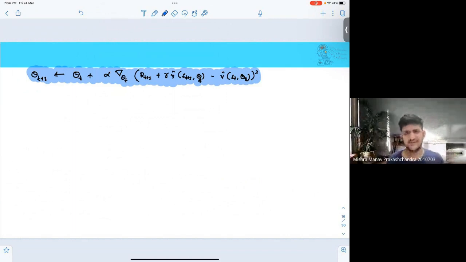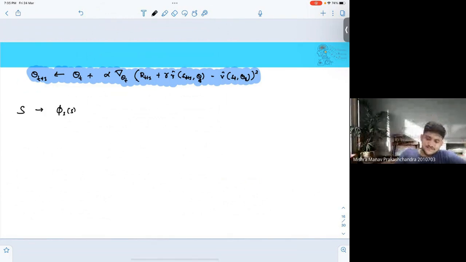So now, once this is done, the next part is how well we encode the state that we have. The state for a particular MDP has multiple different types of representations, right? So let's say my state S can be parameterized by some phi representation. So when I say state, my state can be broken down into multiple phis.